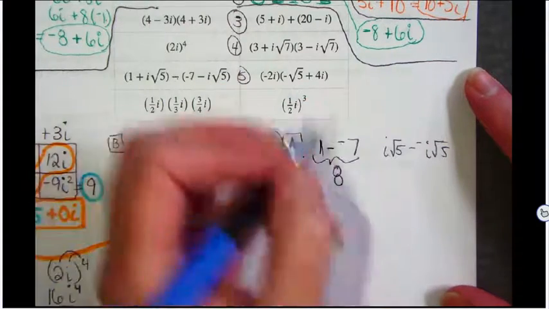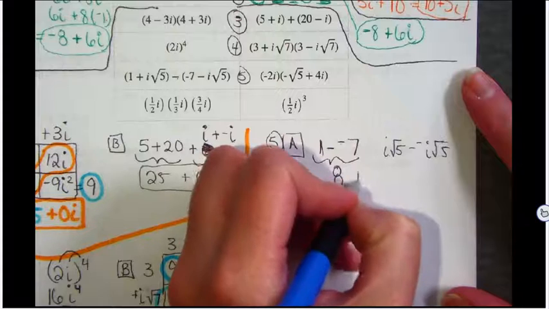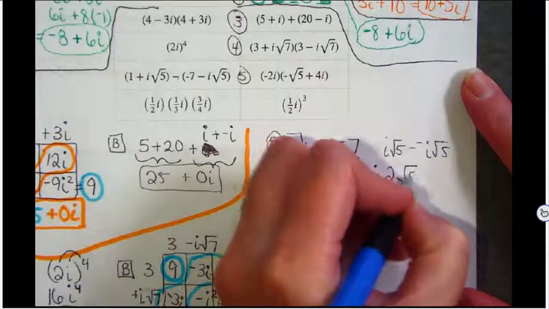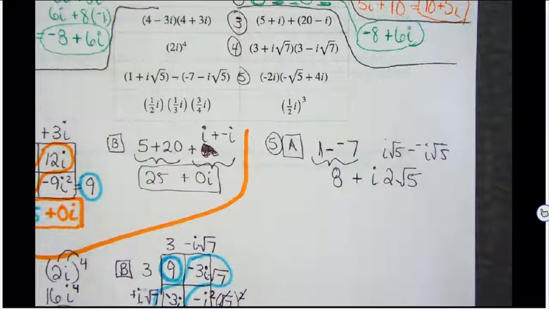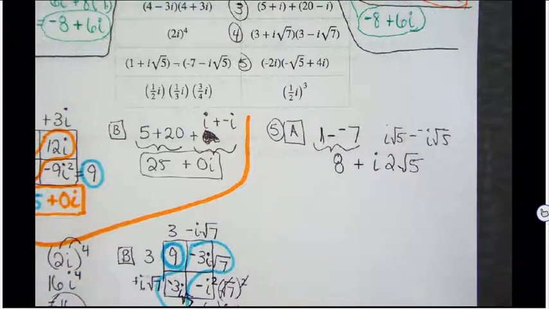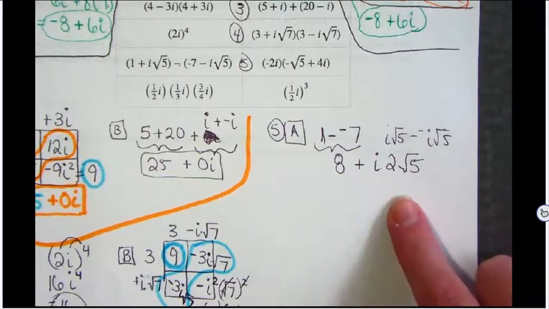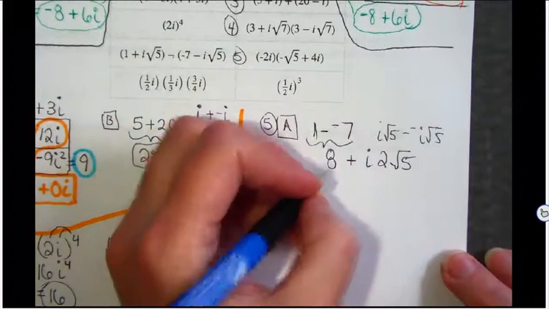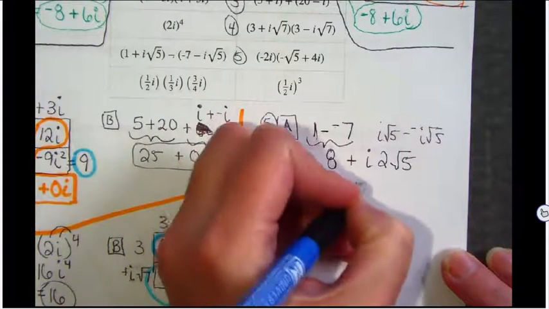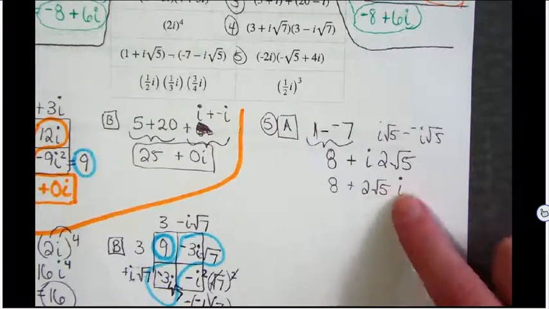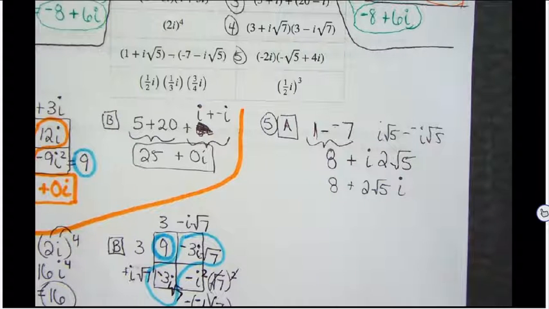I'm going to add another i square root 5, so that should equal a positive 2i root 5, or 2 root 5 times i. But I'm going to write it this way, just because that's how I want to write it. Real part, imaginary part, we're done. All right, so maybe I do want to just write it like 2 root 5 i. Just make sure that the i is not under the radical. Okay, it needs to be out front.